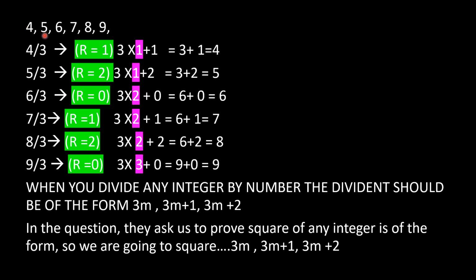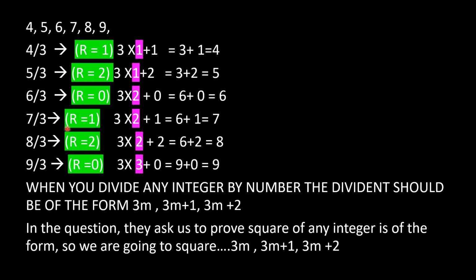So you take 4, 5, 6, 7, 8 and divide by 3. When you take 4 by 3, we can write it as 3 into 1 plus 1, that is 3 plus 1, 4. 5 by 3, 3 into 1 plus 2, that is 3 plus 2, 5. 6 by 3, 3 into 2 plus 0, 6 plus 0, that is equal to 6.